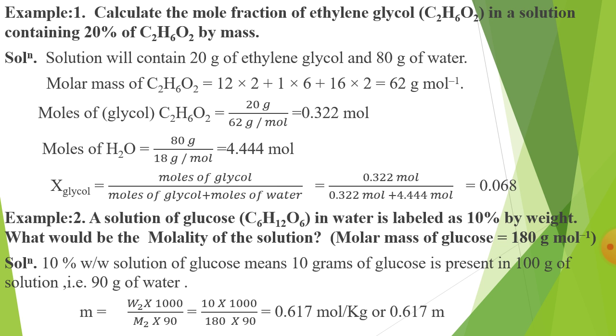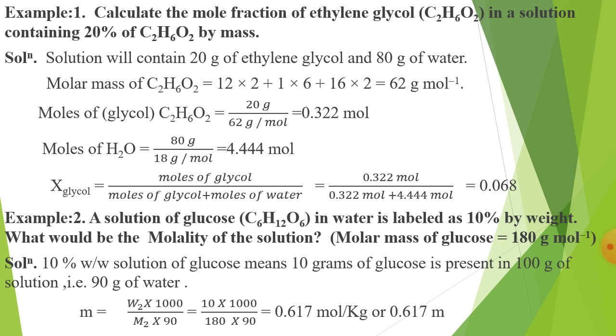Second example: a solution of glucose, formula C6H12O6, in water is labeled as 10% by weight. What will be the molality of the solution? Molar mass of glucose is given as 180 gram per mole. Here again 10% by weight means 10 gram glucose plus 90 gram of water. The mass of glucose is given, the mass of water is given.